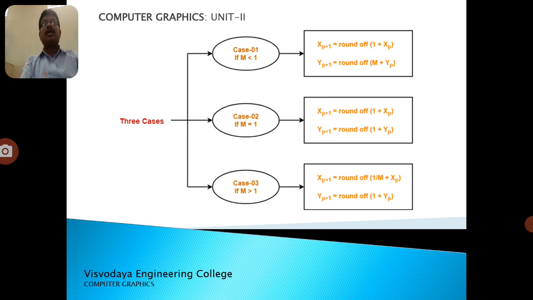Then we find the coordinates between the starting point and the next point: xp plus 1 equals round off of 1 by m plus xp, and yp plus 1 equals round off of 1 plus yp.